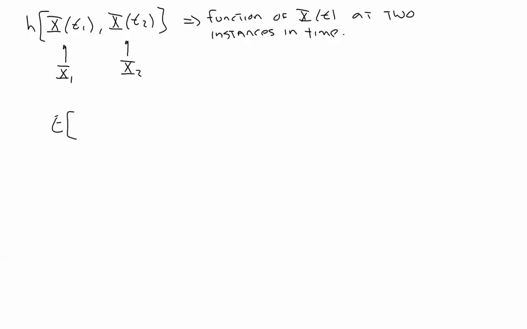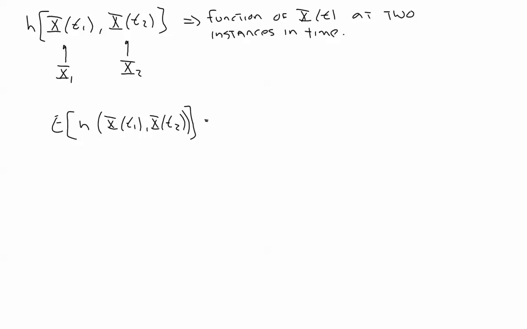Okay? H is a function of my random process x at 2 separate instances in time. So the expected value of h, need to close my parentheses.